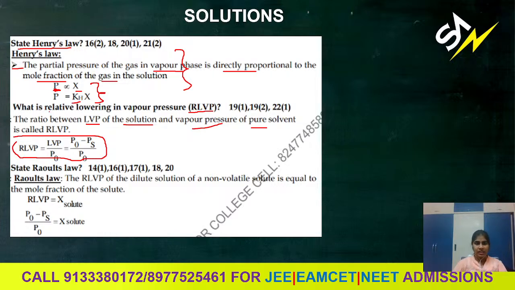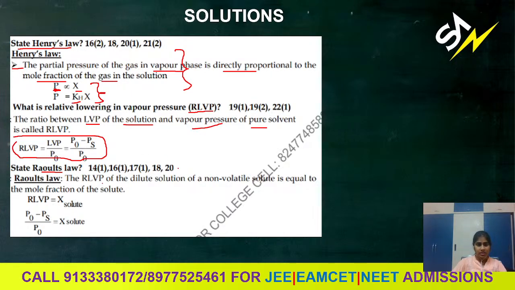From this relative lowering of vapor pressure, we can also define Raoult's law. This is also an important question. You can see this is the most repetitive question also. So what is Raoult's law? This Raoult's law mainly depends upon the relative lowering of vapor pressure.